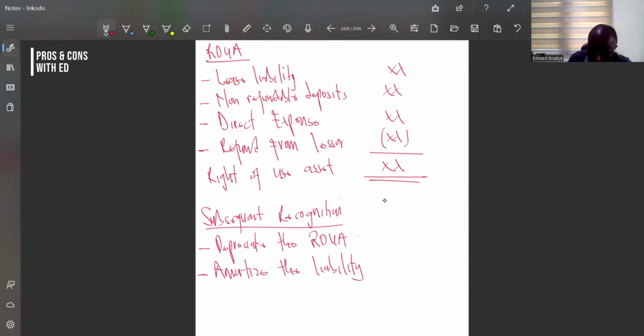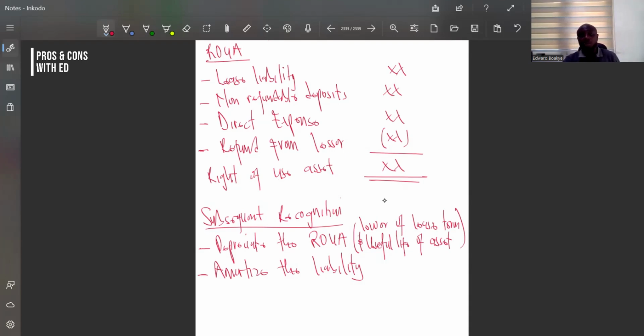But in depreciating the asset, we say you depreciate the asset using the lower of the useful life of the asset and the lease term. The lower of the lease term and the useful life of the asset given to you.